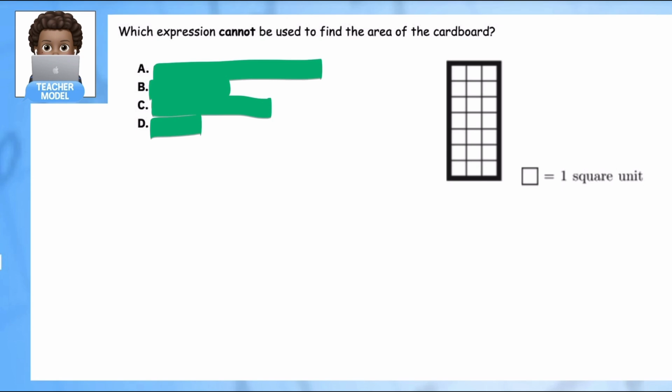So let's write our dimensions again. I see 3 tiles this way, and 1, 2, 3, 4, 5, 6, 7. And there's 7 rows. So I have 7 rows of 3. So I could count by 3s this way, 3, 6, 9, 12.